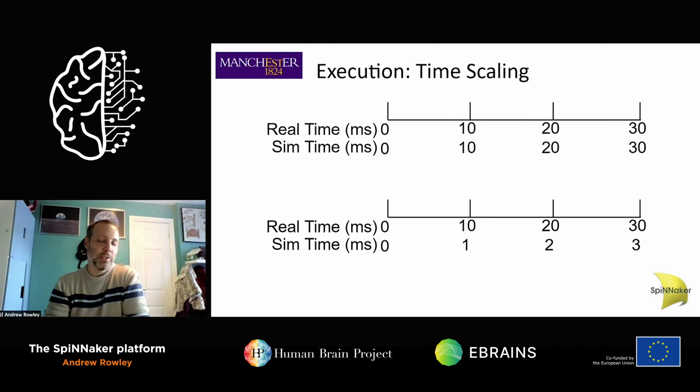But if your network is just so complex it can't even cope with those, or you're running the bog standard neural network software, which is the most easily accessed at this point, you may have to slow down your simulation. And we can do that because the simulation is in software essentially. So we can slow down all the cores by a fixed amount and run the simulation that way if necessary. So you can then get very large simulations on potentially smaller machines as well.